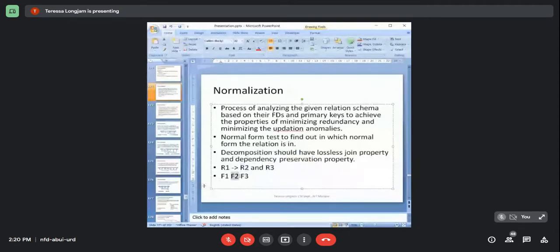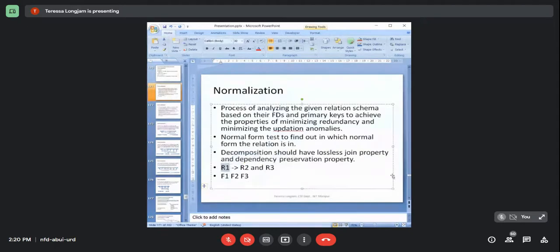In R3 we might find functional dependencies F2 and F3, like that. So whatever functional dependencies we have in R1 should be preserved in R2 and R3 also. The combination of functional dependencies that we have in R2 and R3 should be the same functional dependencies we have in R1.